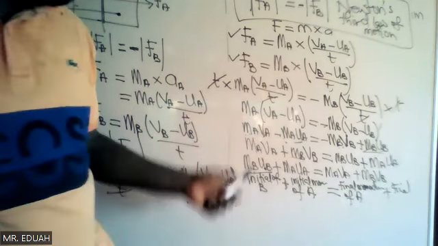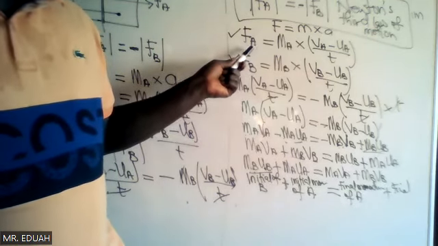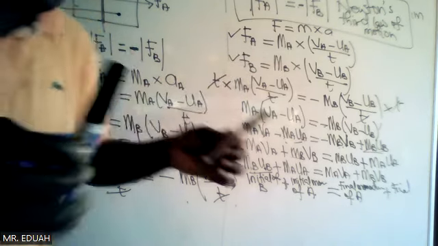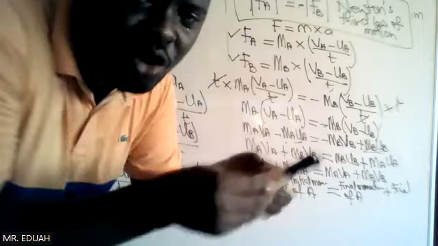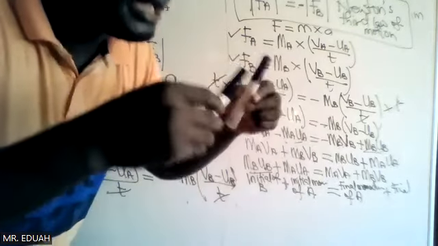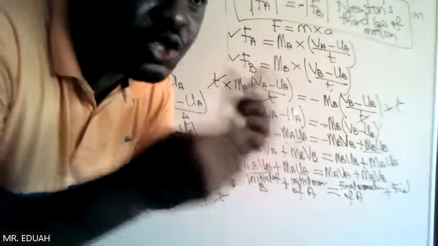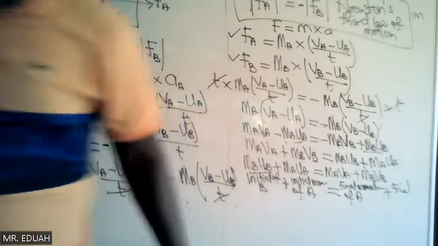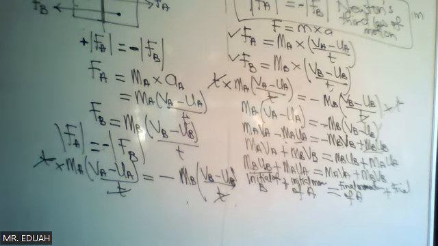One will say that, oh, but there are forces acting on them. Yes, FA, FB, but the two forces cancel out, nullifying each other. So it appears there's no force acting on them. Please, are we okay? Yes, please.